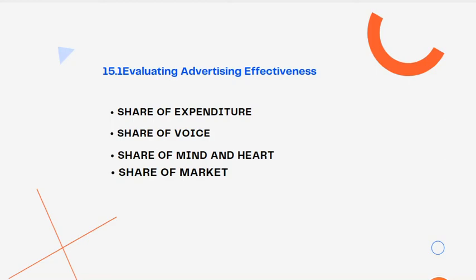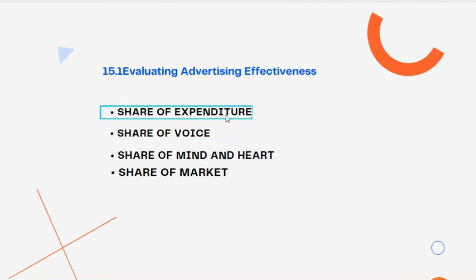Communication effect research, such as copy testing, seeks to determine whether advertising is communicating effectively. One way a company can find out whether it is overspending or underspending on advertising is to work with the formula.